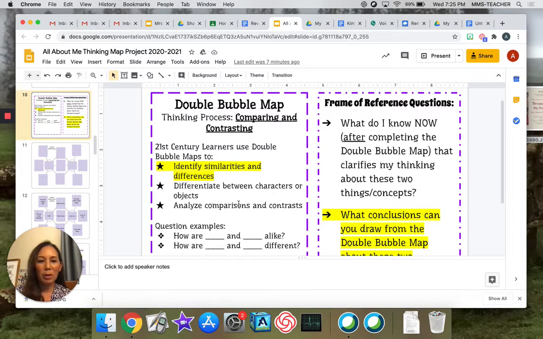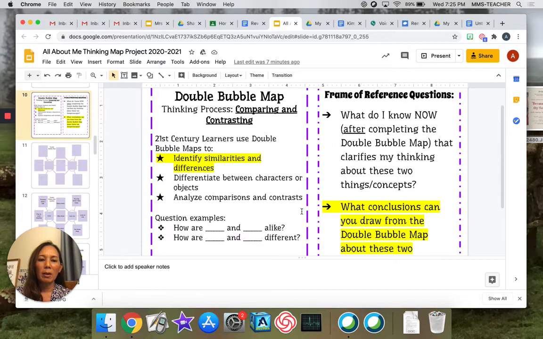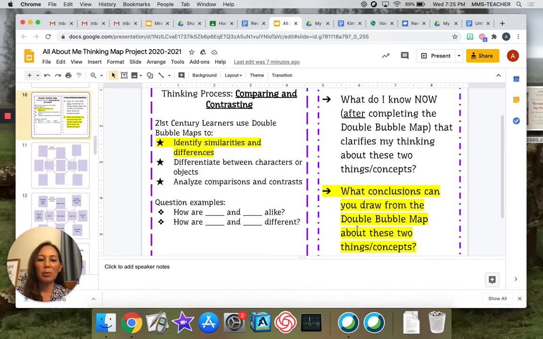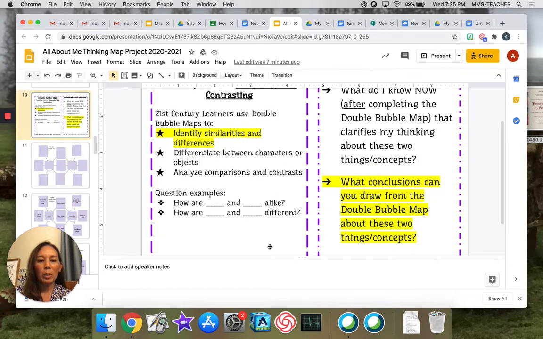So the frame of reference for a double bubble map, the first frame of reference that you could use, what do I know now after completing the double bubble map that clarifies my thinking about these two things or concepts? The one that we're going to use today for our assignment is, what conclusions can you draw from the double bubble map about these two things or concepts?